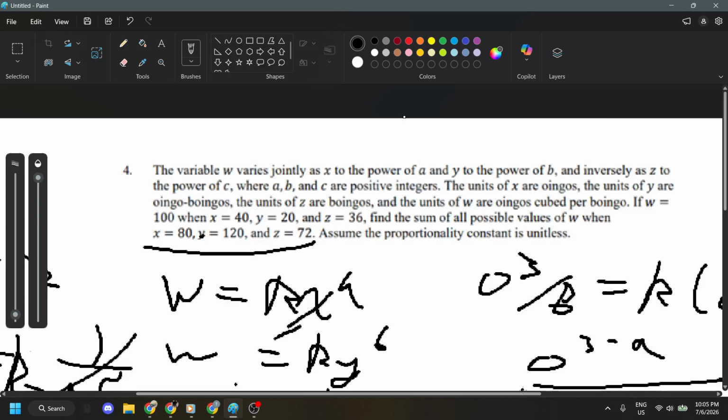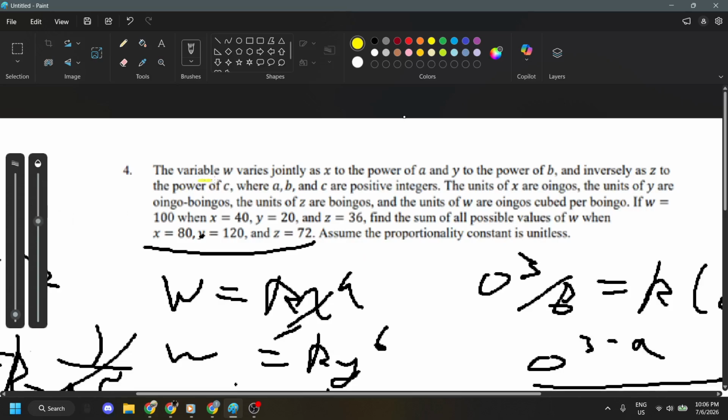The sum of all possible values, we need to find all the values of W given these conditions. And these conditions are sure that they vary jointly with this. I understand. Can I like make it semi-transparent?